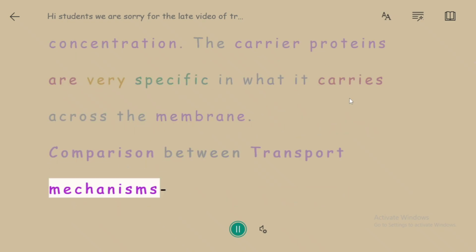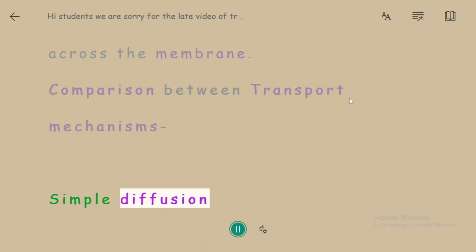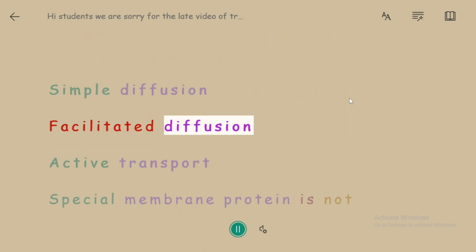Comparison between transport mechanisms: simple diffusion, facilitated diffusion and active transport.